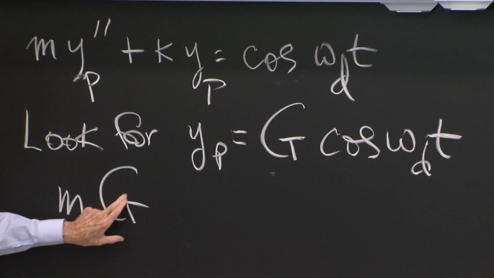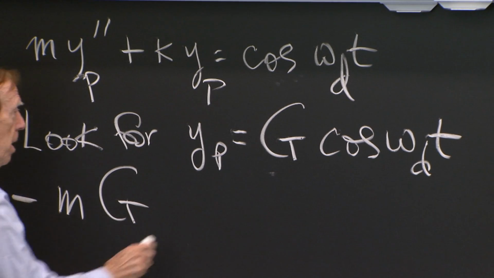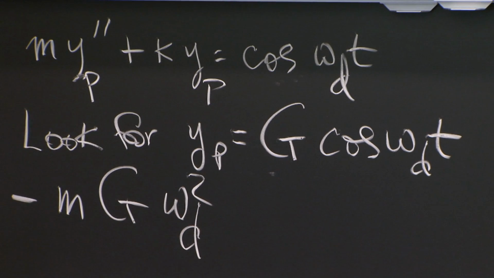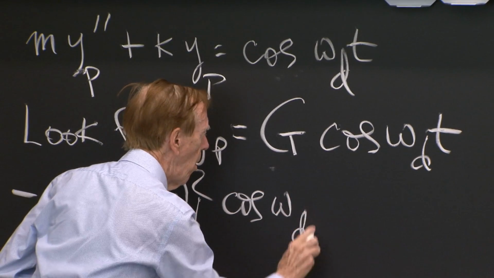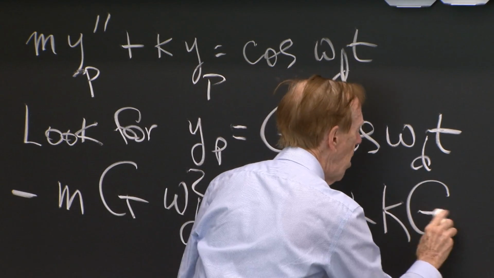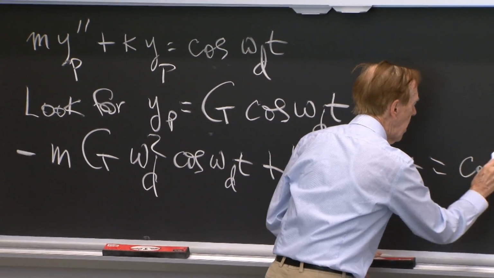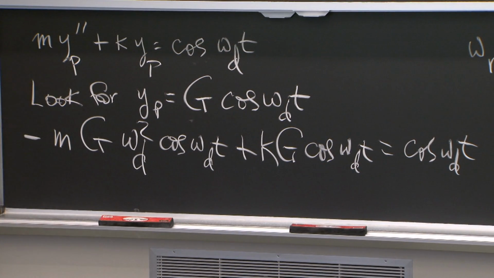I get the G, and then the second derivative brings a negative, because two derivatives of the cosine bring out a minus. Omega_d will come out twice. Cosine of omega_d t. And then k times this, G cosine of omega_d t, equals the forcing term cosine of omega_d t. It worked.